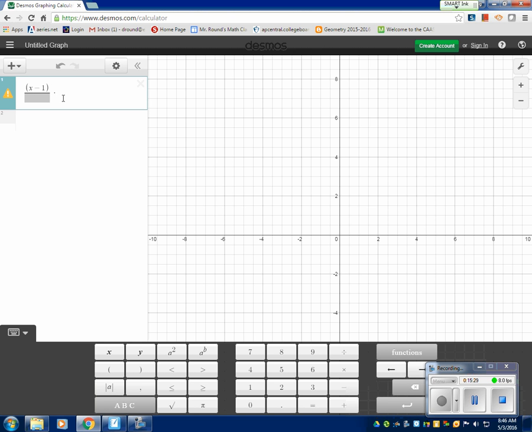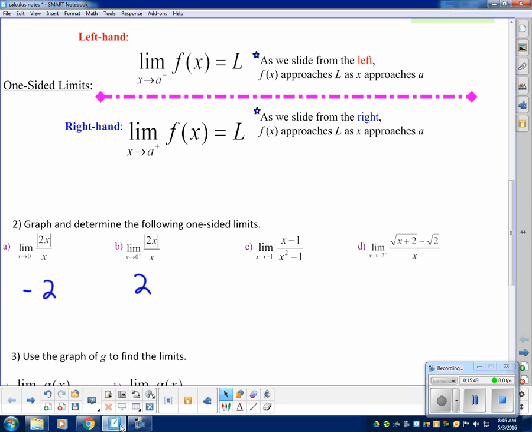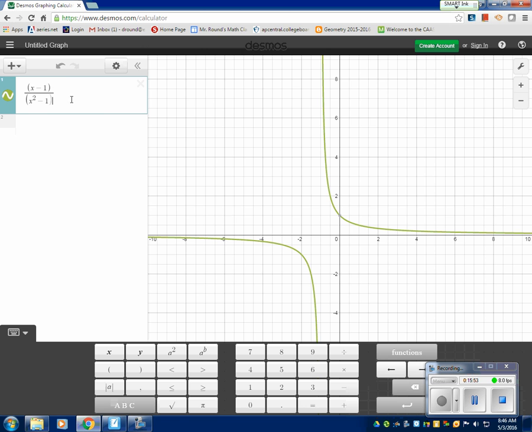So x minus 1 divided by x squared minus 1.